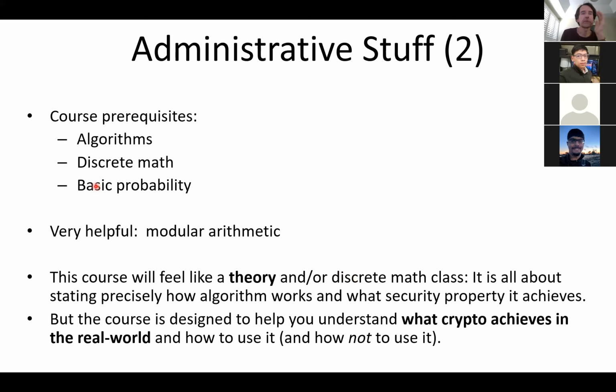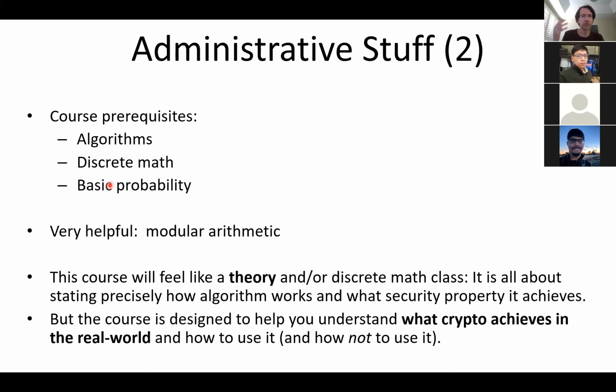In this class, it's good to have some intuition about algorithms. It will very much look like discrete math. The bread and butter is stating stuff concisely, the language that we use. Probability is good, but it's not super sophisticated, the probability we'll do here.